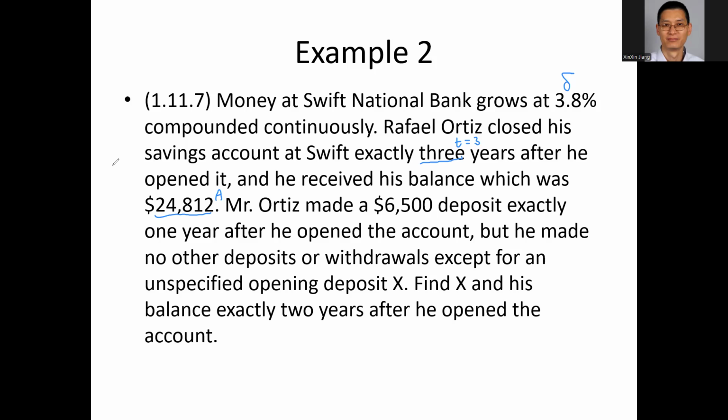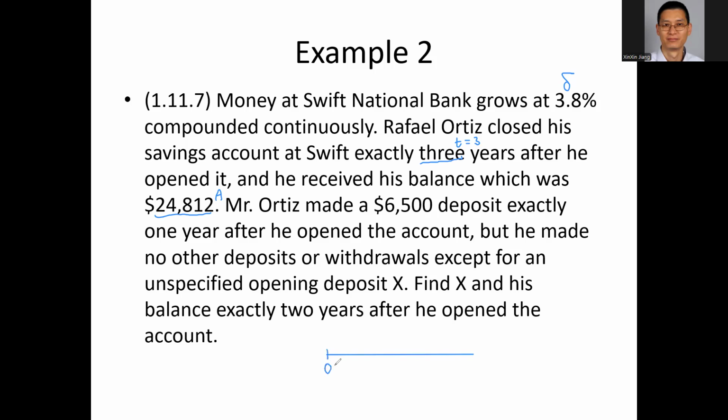For a relatively complicated problem like this one, I would suggest you draw a timeline. So I'm going to do that. It usually helps me to organize the information in a nice way.